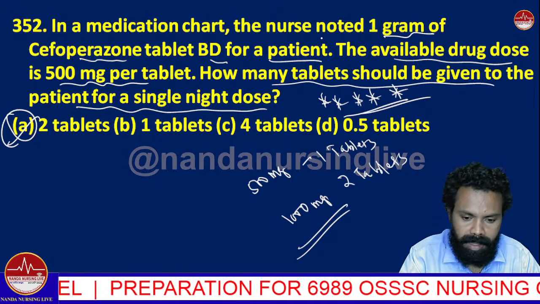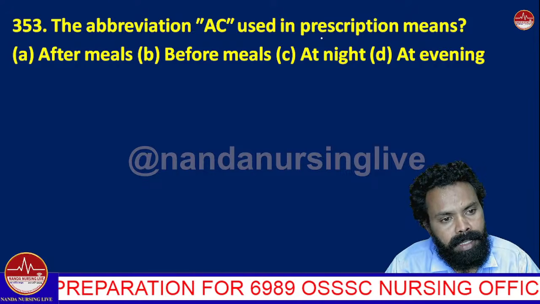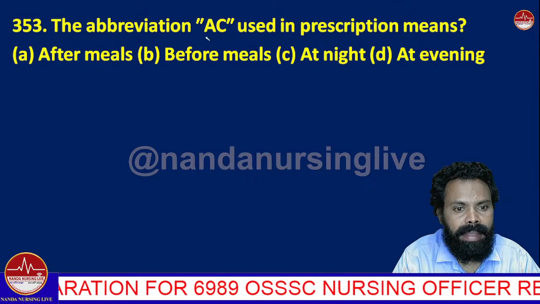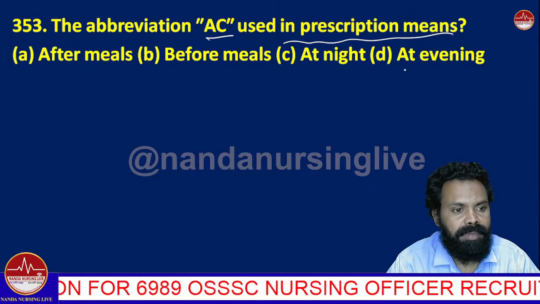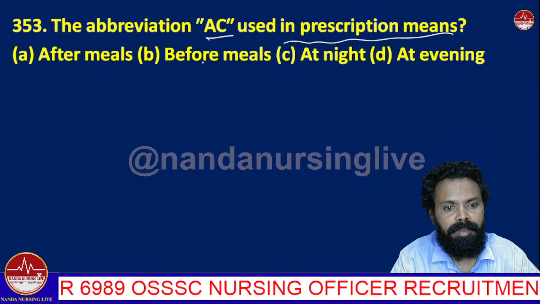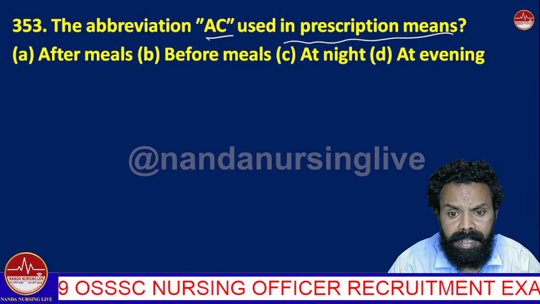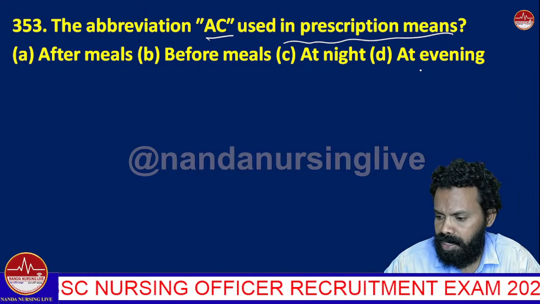So option A is the correct answer. Next question number 353. The abbreviation AC used in prescription means: option A after meals, option B before meals, option C at night, option D at evening. So which option is the correct answer?